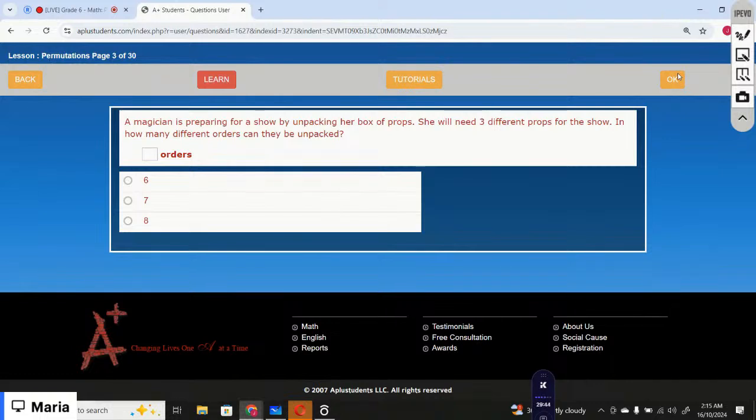A magician is preparing for a show by unpacking her box of props. She will need three different props for the show. In how many different orders can they be unpacked?